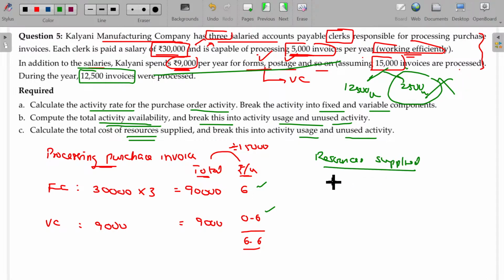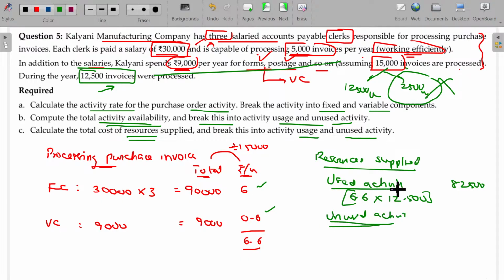Now, for used activity, we spend around 6.6 per activity. Actual invoices prepared here being 12,500. What is the total cost? 82,500.